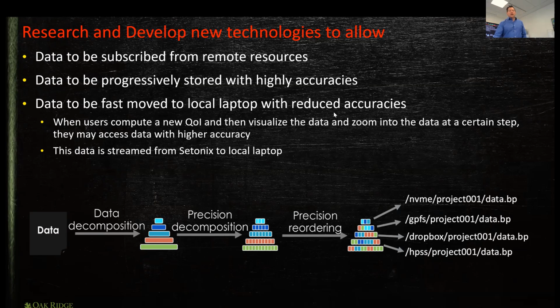So what we're trying to do is to say, can you just subscribe to the data? And then when you subscribe to the data, like in the example I would give, it's like run 100, some run. There's all these files beneath. You subscribe to that. That's where we're using ADIOS. And then what happens is, just like in Dropbox, data starts moving over to your resource, depending upon your size.